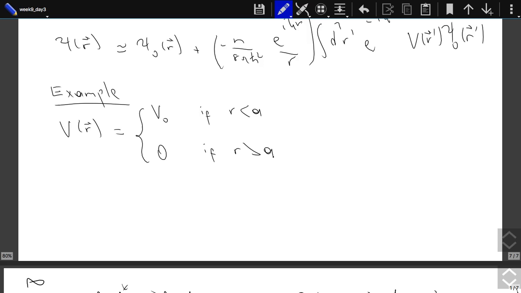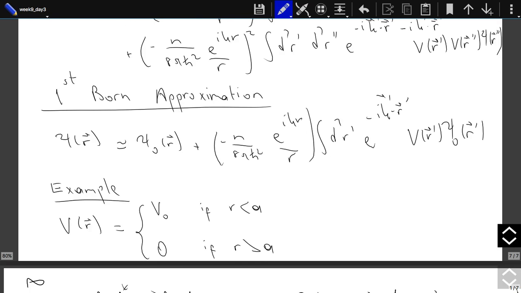For the hard sphere potential, this first Born approximation doesn't work, because in this approximation we assume that the potential doesn't change my wave function. But in the hard sphere potential, my wave function in the potential region is 0. That is a significant change from some plane wave to 0. So we cannot use it.